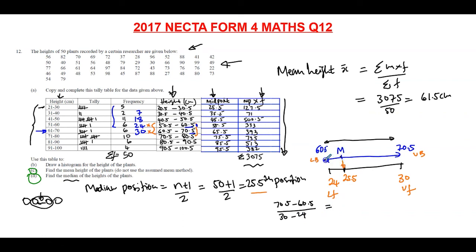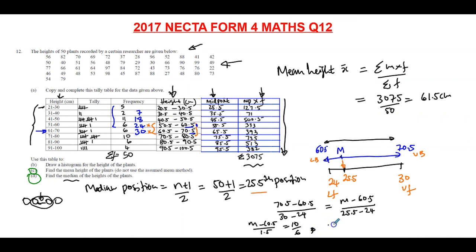Okay, the shorter ones. So m take away 60.5, divided by the frequency itself, the position of the median, so 25.5 take away 24. Okay, so what do you get now when you rearrange this? It is (m minus 60.5) divided by 1.5 is equal to 10/6. Okay, I'll just move them around.